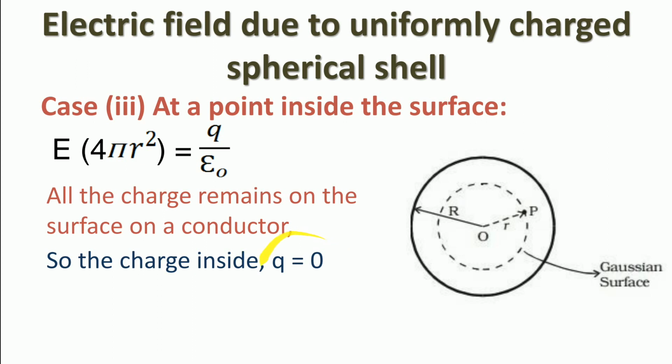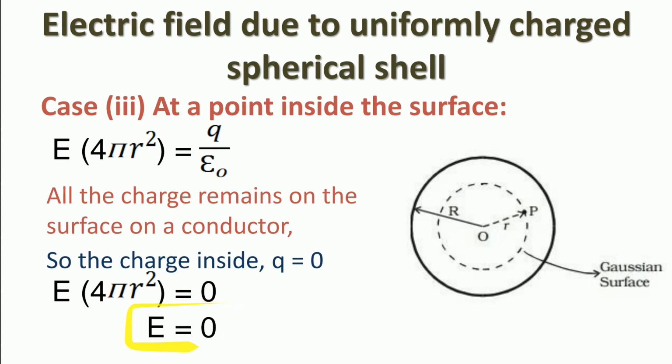When the charge inside Q is equal to 0, put the value of Q in this equation. We get E into 4 pi r square is equal to 0, as we have put the value of Q as 0, and hence E is also 0.